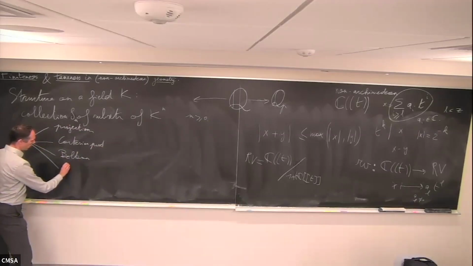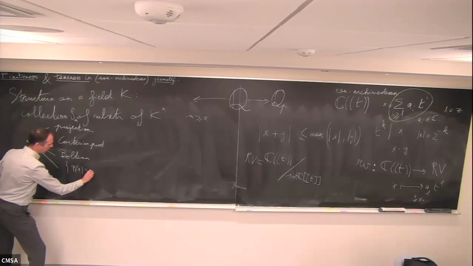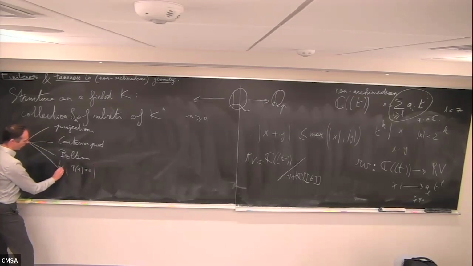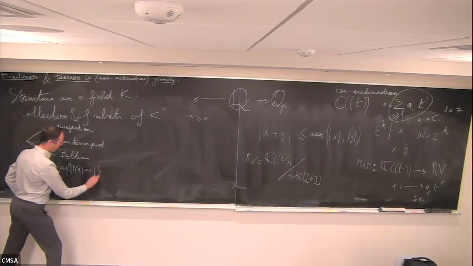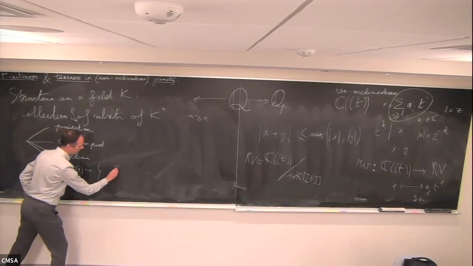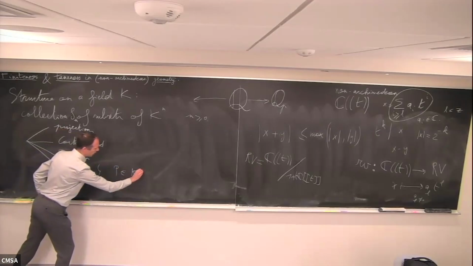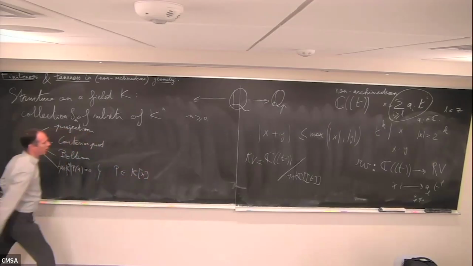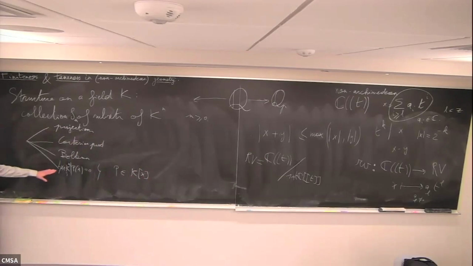So you have for any polynomial in n variables, the tuples of solutions, where P is a polynomial over the same field. So it contains these sets, and you close up under projections and Cartesian products and Boolean combinations, then you have a structure.